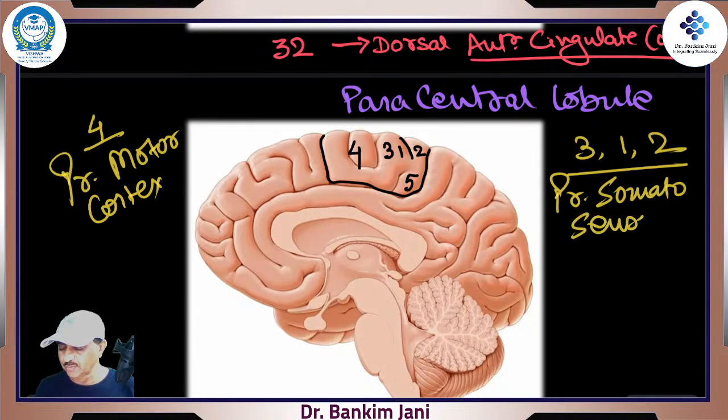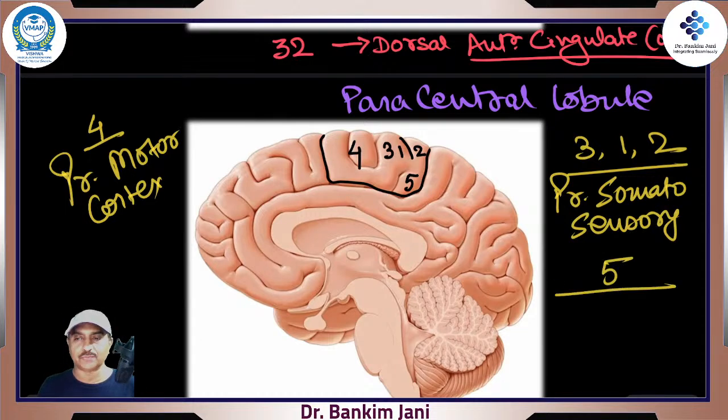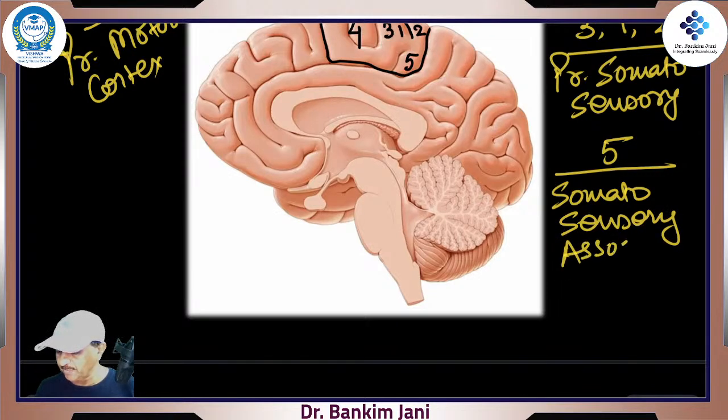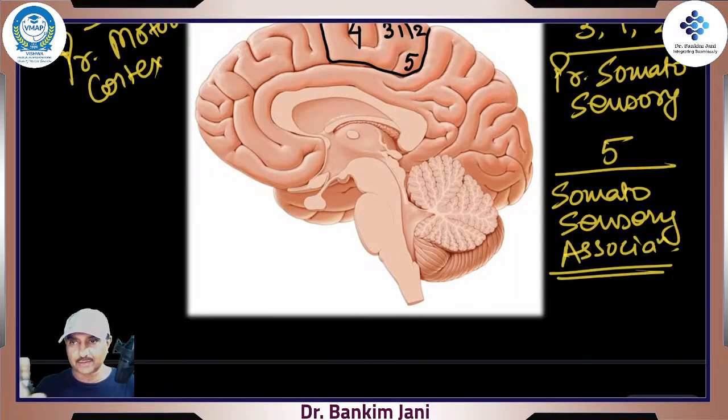We have one more area, area number 5, which is for the somatosensory association. Very important today, you keep on talking with yourself. This is clear, right?